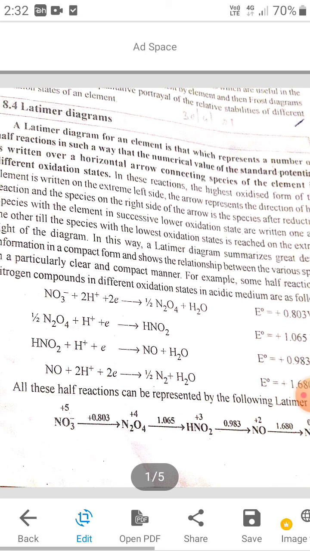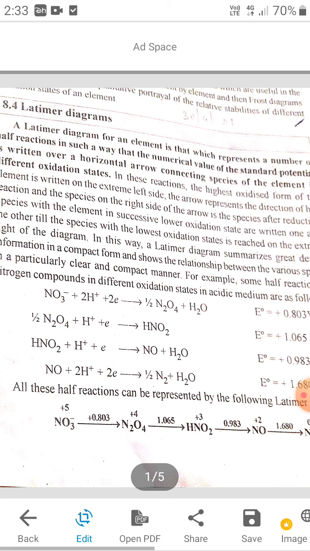The reaction is written in arrows, that is NO3 minus forms N2O4, then it forms HNO2, then it forms NO, and lastly it forms N2.